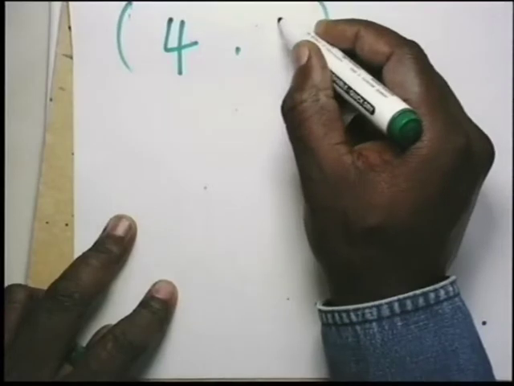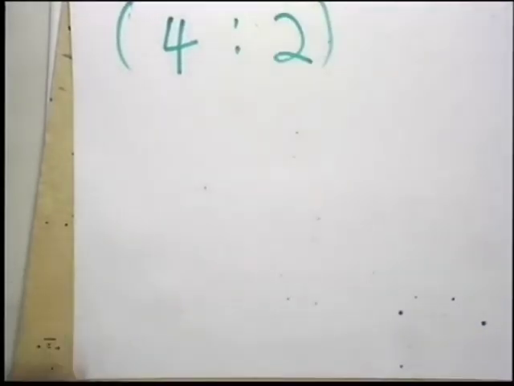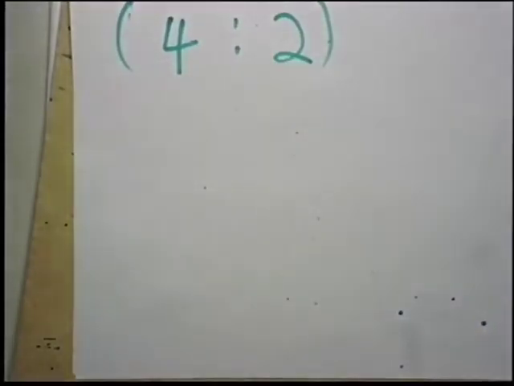So what does that mean? It simply means my point that I'm interested in on this graph: x is 4 when y is 2. Now, we take these points to our graph.